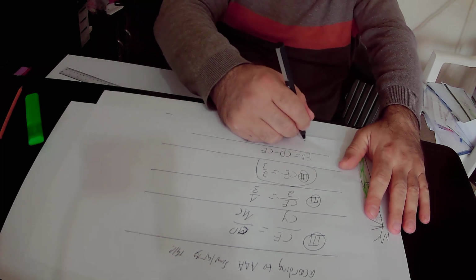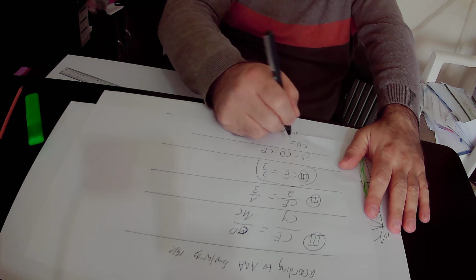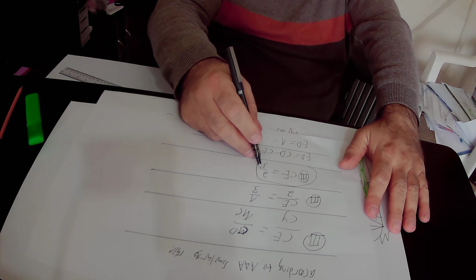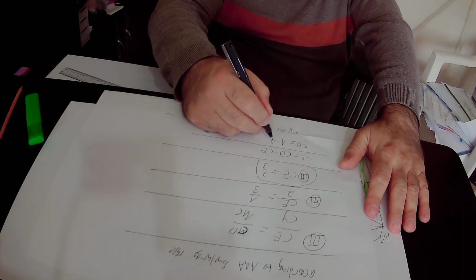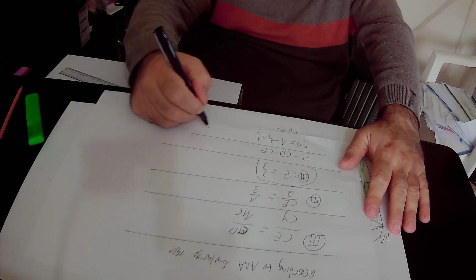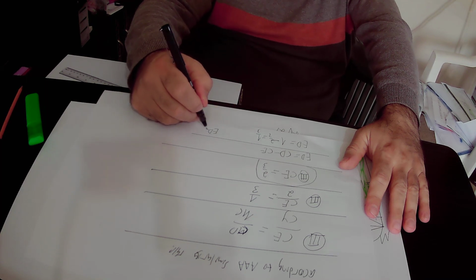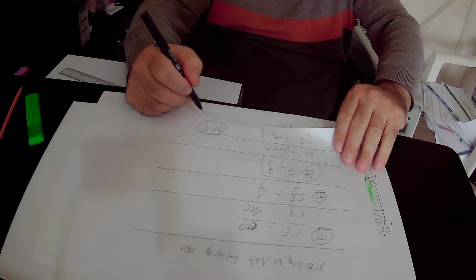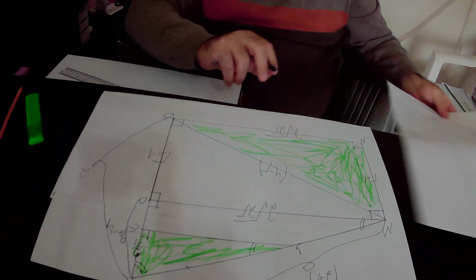So ED equals, CD is 1 and CE, we already found out that CE equals 2/3. So it is 1 minus 2/3, which is a third. So we found out that ED equals 1 over 3, or a third.